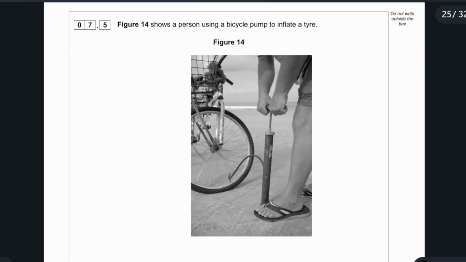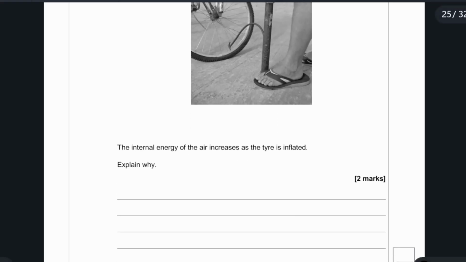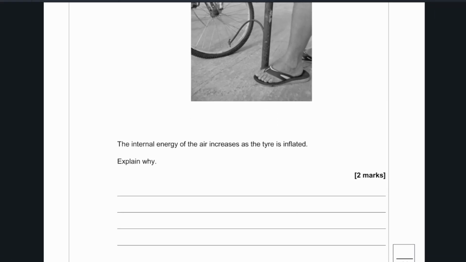7.5, figure 14 shows a person using a bicycle pump to inflate a tire. The internal energy of the air increases as the tire is inflated. Explain why. Well, internal energy is all to do with the energy of the molecules themselves. When we pump the tire, we do work on the air, and as a result, the temperature of the air increases.